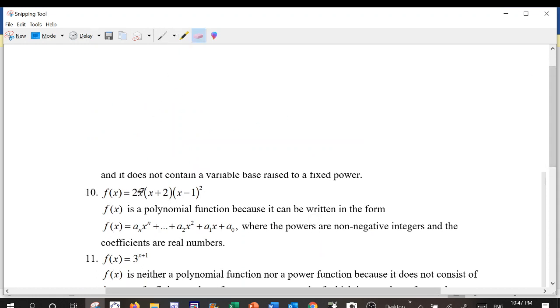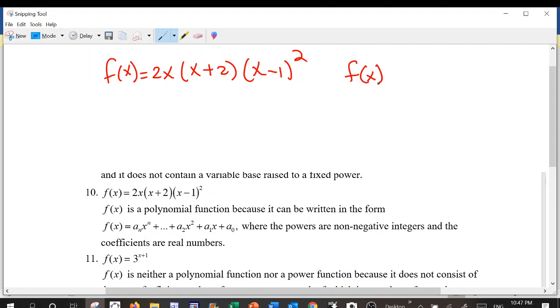So number 10. Now, if we want to write this function 2x times x plus 2 times x minus 1 squared in the form of a polynomial, dot, dot, dot, and then the last term.